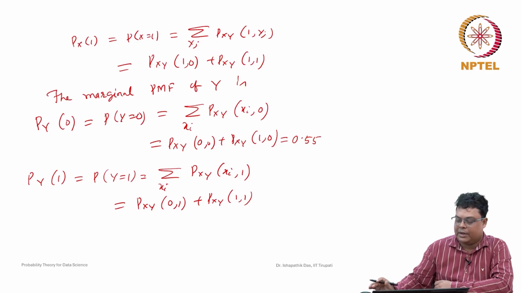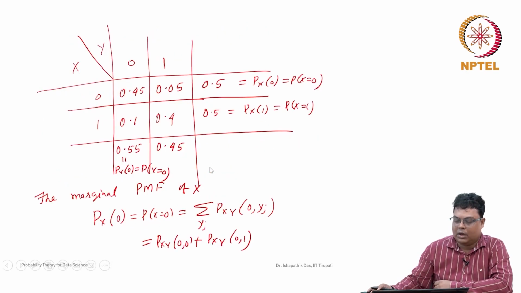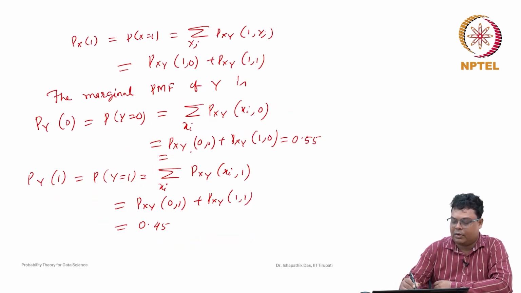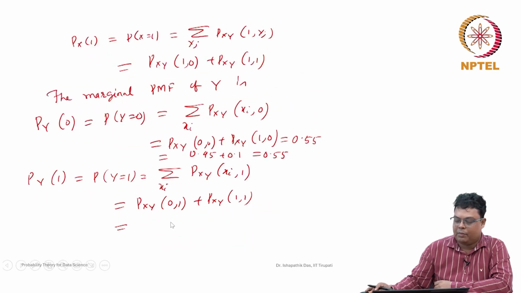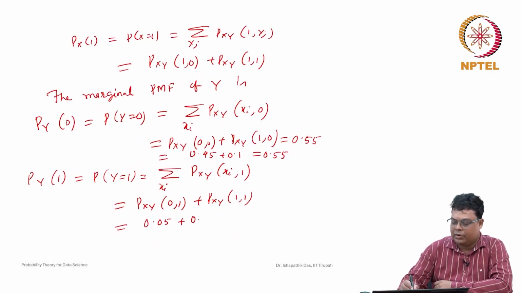This probability is nothing but 0.45. So we can write it in another step: this is 0.45, and the earlier one is 0.45 plus 0.1, so 0.55; and this is 0.05 plus 0.4.